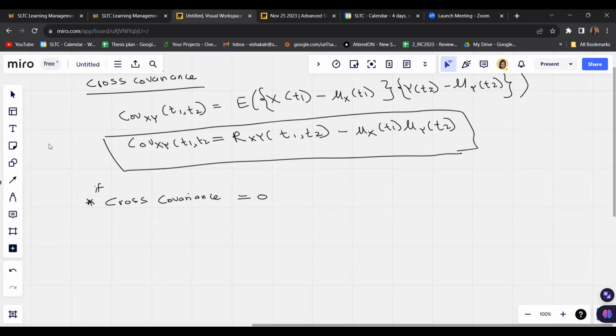So if the cross covariance value is 0, this equation becomes 0, right? So this equation A becomes 0, which means that the autocorrelation function equals the expectation values of mu T1 and T2.